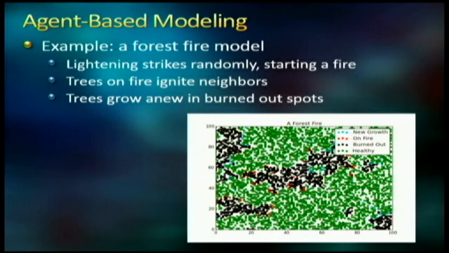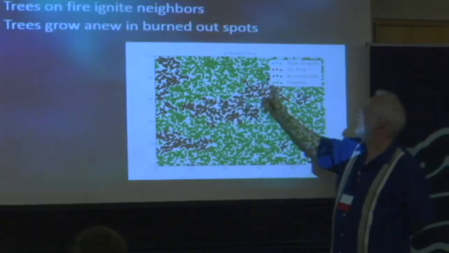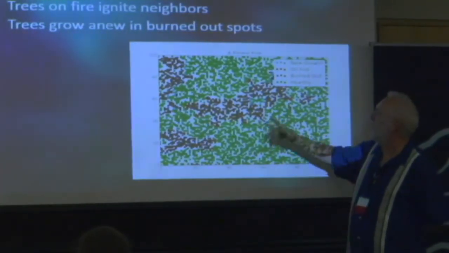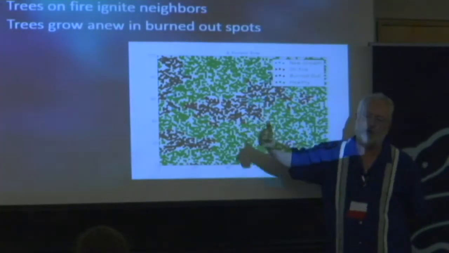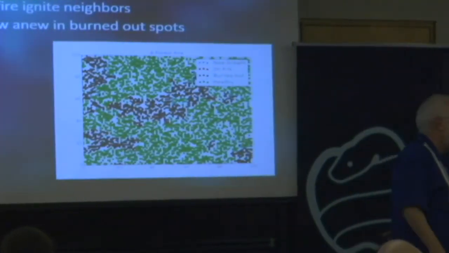This is a forest fire model. There's just a simple rule for how trees in the forest fire behave. What will happen here is lightning will strike someplace randomly. It struck here, I can see, and then it burns out the neighboring trees. This is where the fire is, red, and then the trees start to regenerate after a certain time, once the forest fire has passed.